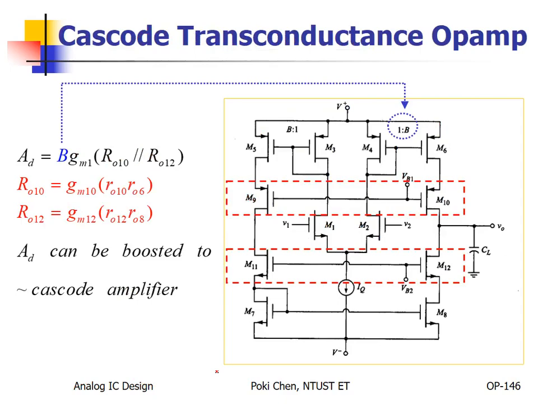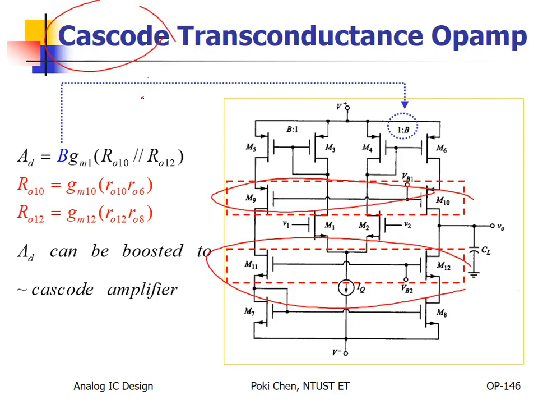For current output, usually we hope the output resistance is really high to push all the output current to the load, right? If you have this requirement, then you can apply cascode, to enlarge the output resistance, looking from your load back into your output stage, right?